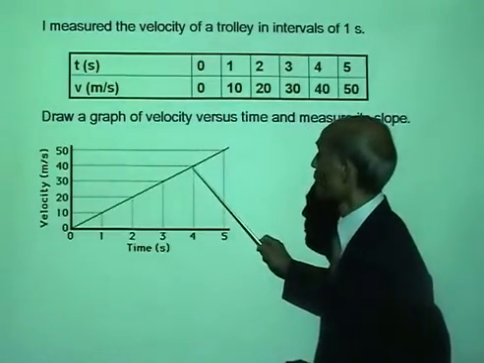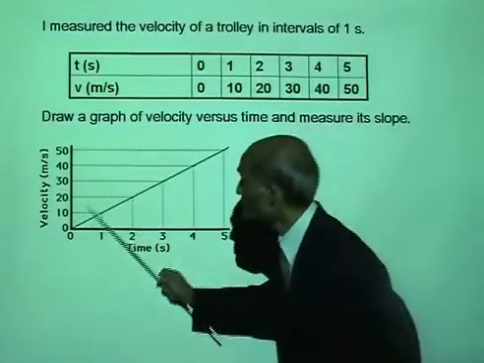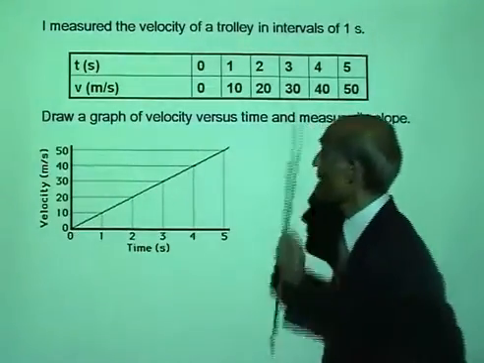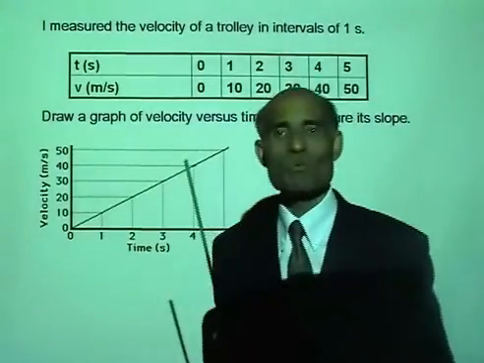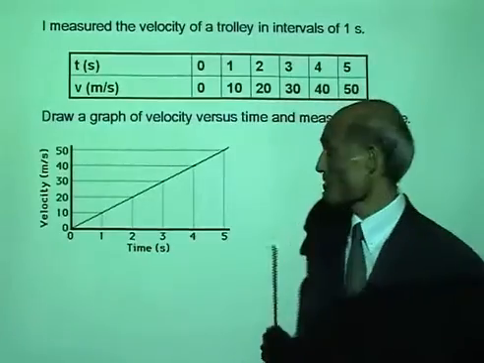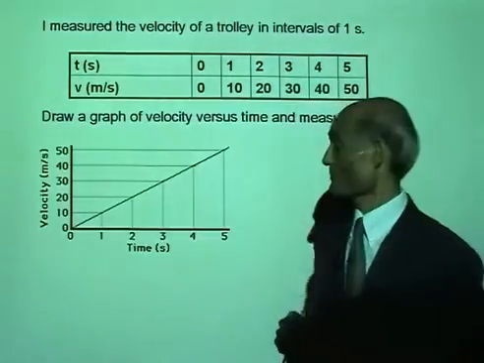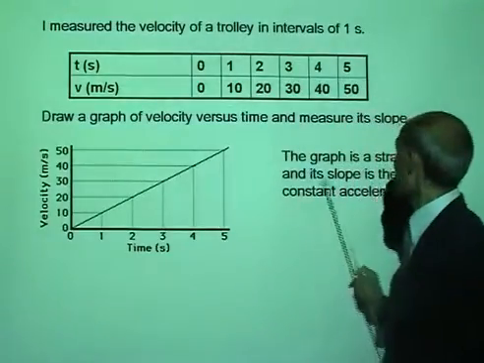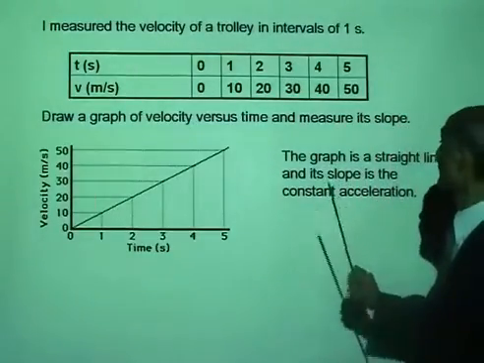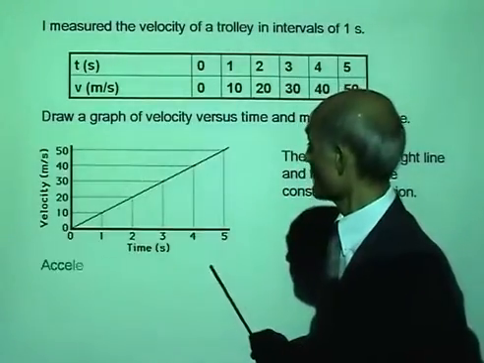The time is 4 seconds, the velocity is 40 meters per second. So you have a straight line, and what does the slope of the graph represent? The slope of the graph represents the acceleration of the car. Alright, so the graph is a straight line and its slope is the constant acceleration.